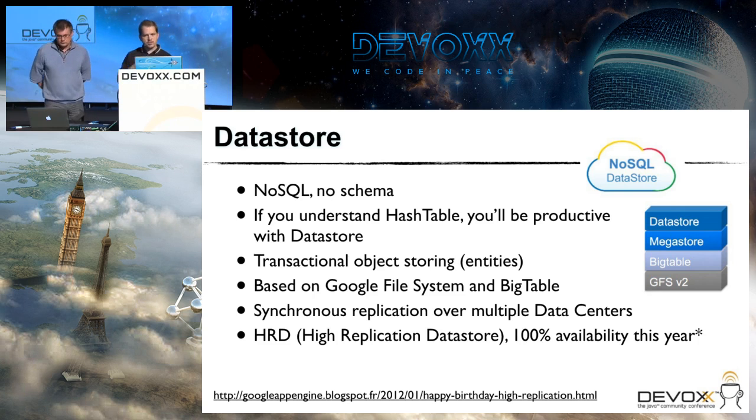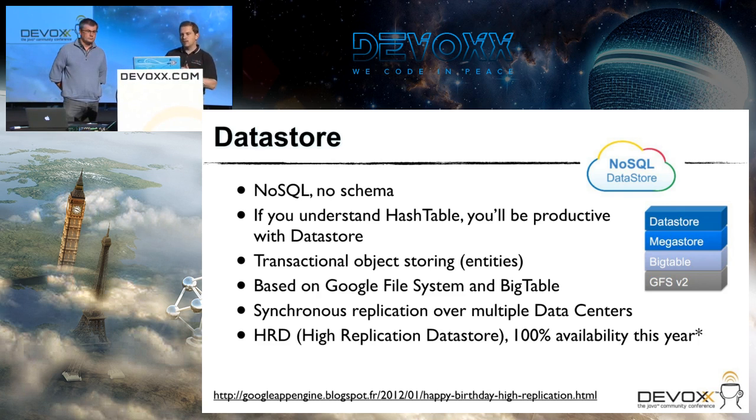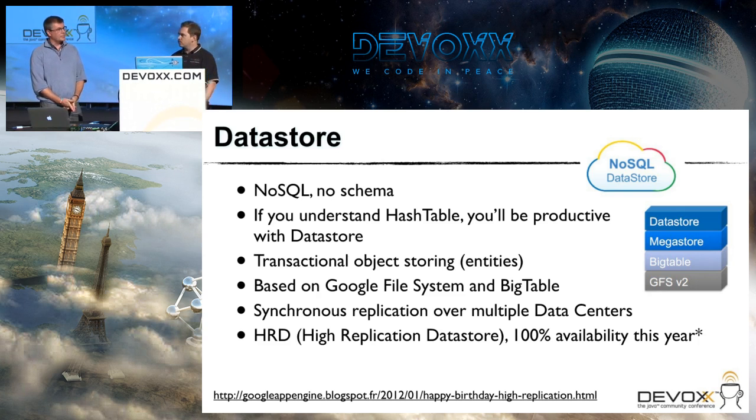So there are different ways you can use it. This is all built on Bigtable, which you probably have heard of, which was documented in the white paper a few years back. On top of it, we have a number of abstractions up to the datastore. And it's all based on Bigtable, which itself sits on top of the Google File System.